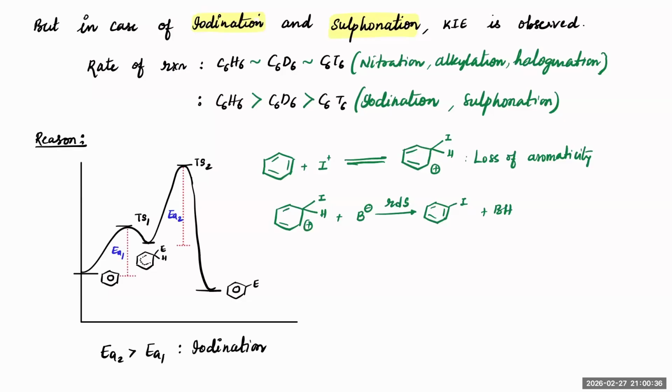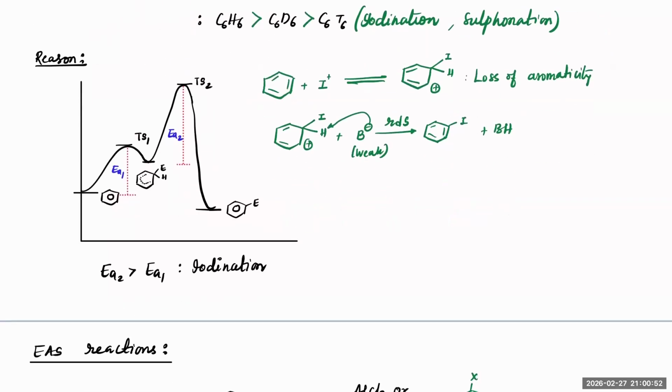Okay. Why? The reason being this base is a very weak base. In this case, the base is actually I minus. I minus extracting H plus is extremely difficult. And that makes this reaction slow despite the fact it is actually giving aromaticity. That's why the second reaction is going to take a longer time compared to the first reaction. And that's the reason, because you are removing hydrogen in the second step, which is the rate determining step, you'll have a high effect on the isotopic nature.